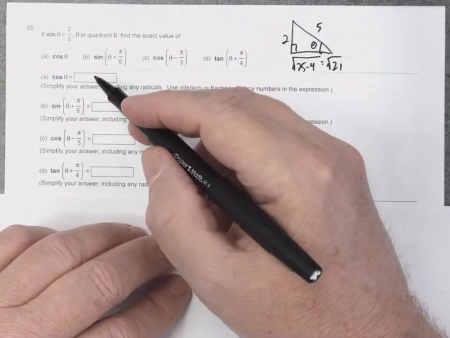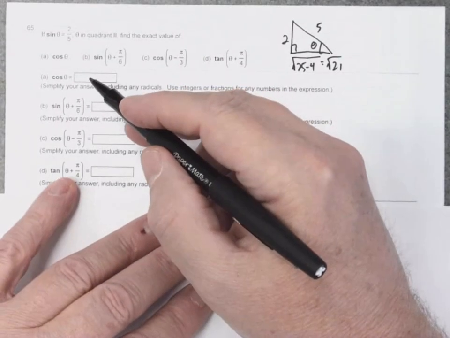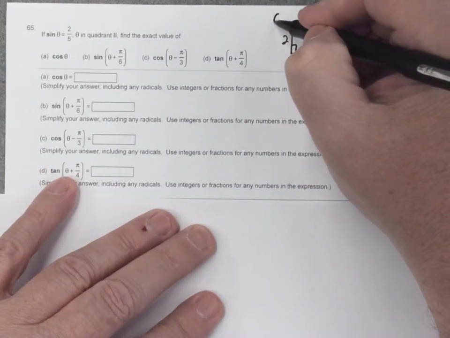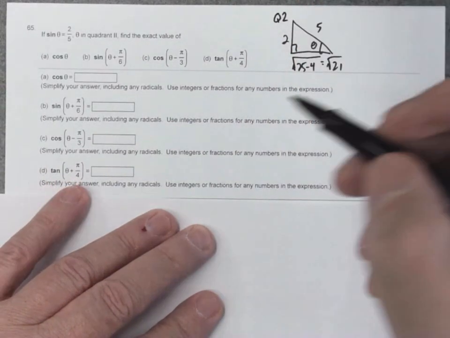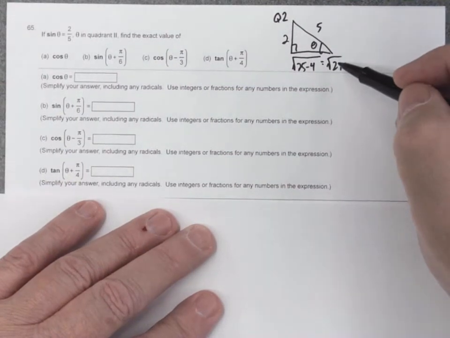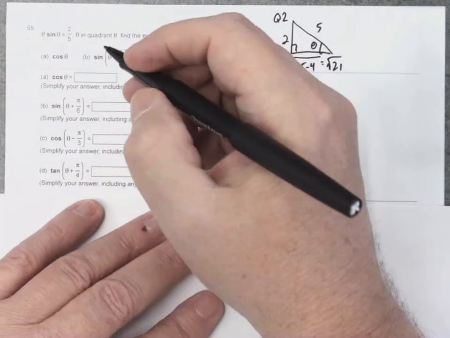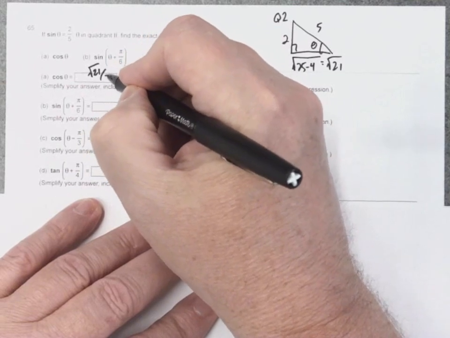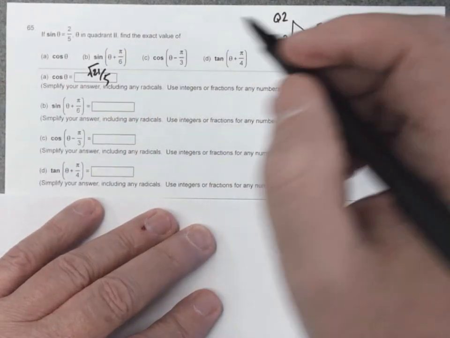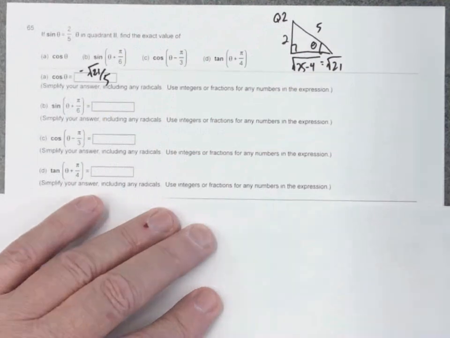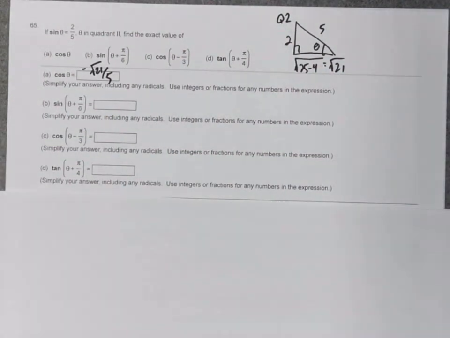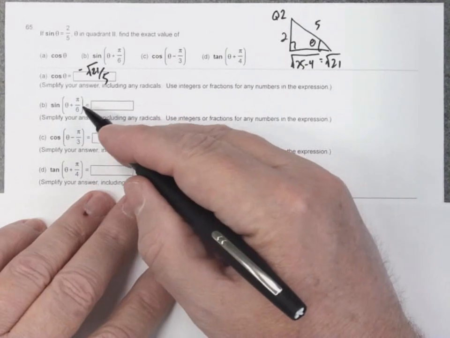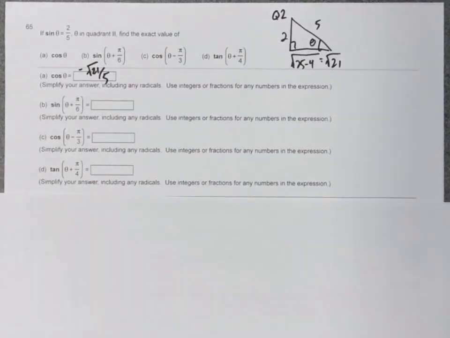Now, well, this first one's not even, it's just the cosine. So let's write here, it says it's in quadrant 2. So the cosine of theta, adjacent over hypotenuse, square root of 21 over 5. But because it's in quadrant 2, it has to be negative. Now here's where we're going to use our addition formula.